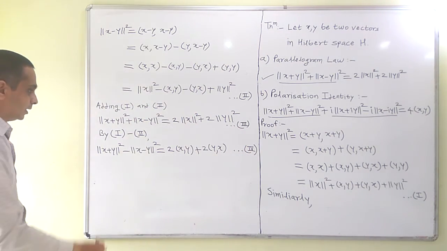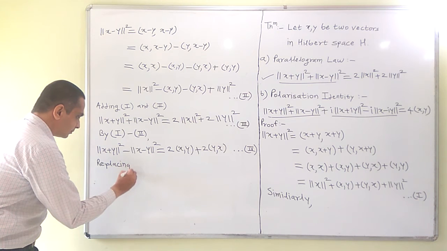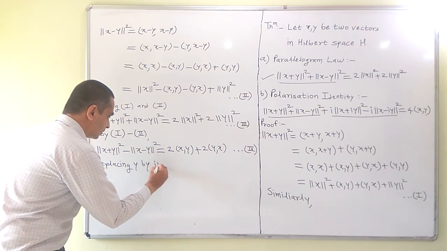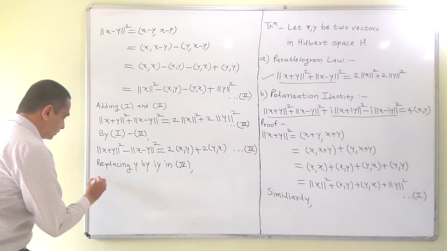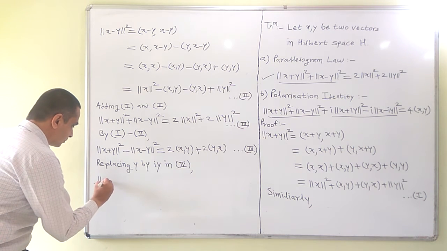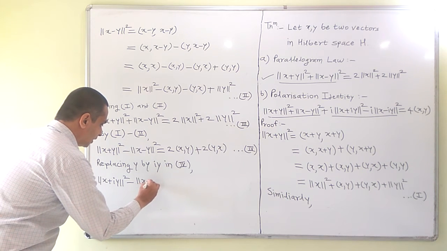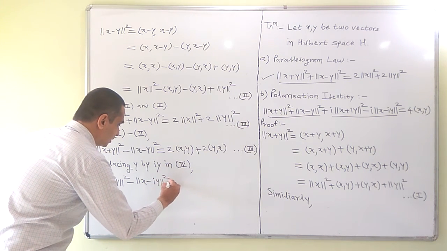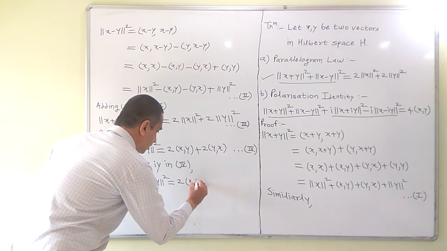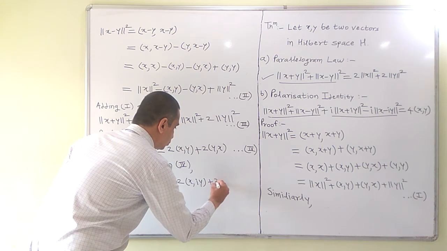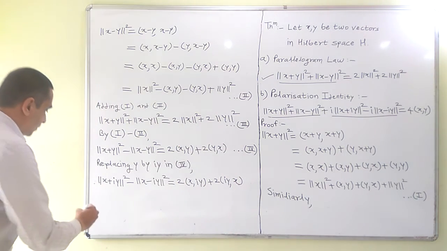Okay. Replacing y by iy in the above statement, that is in fourth, we obtain norm of x plus iy square minus norm of x minus iy square equals 2 times inner product of x and iy plus 2 times inner product of iy and x.